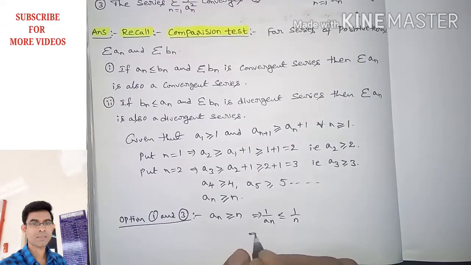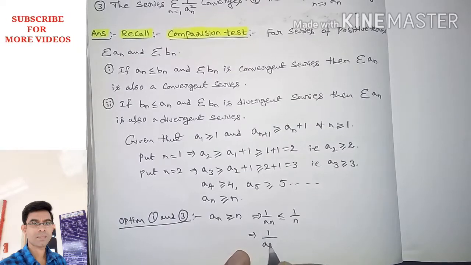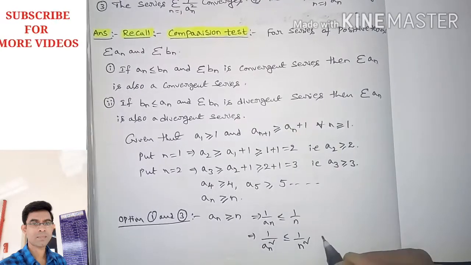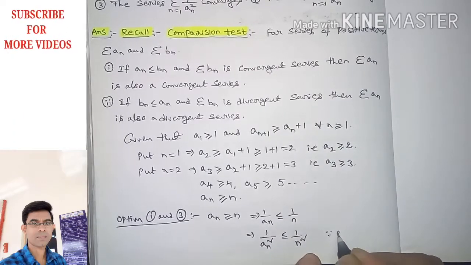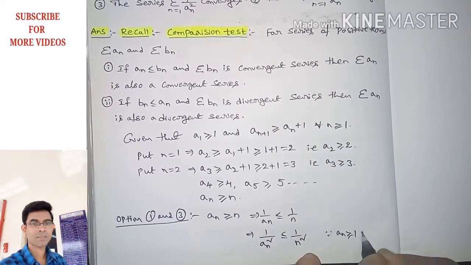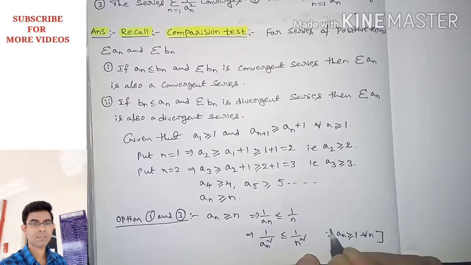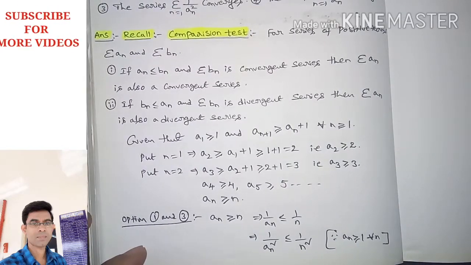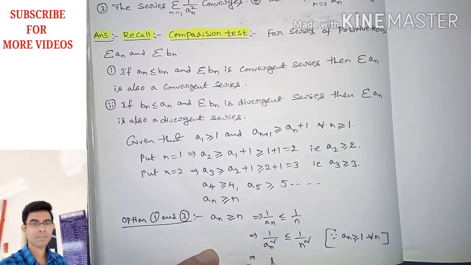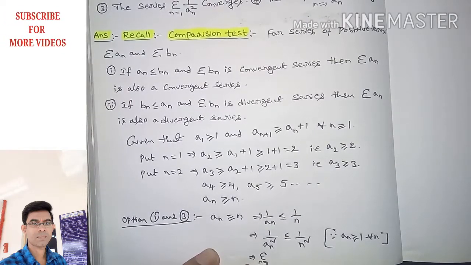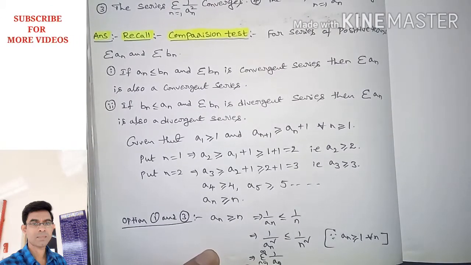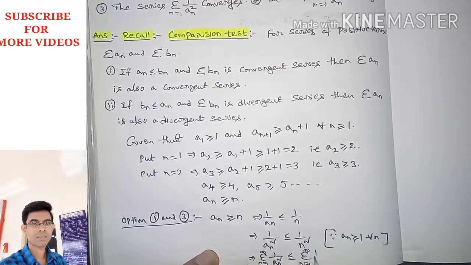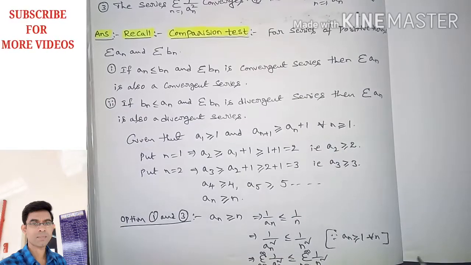Now taking squares on both sides, 1 by a_n square is less than or equal to 1 by n square, since a_n is greater than or equal to 1 for all n. Now taking summations on both sides, we have summation n = 1 to infinity 1 by a_n square is less than or equal to summation n = 1 to infinity 1 by n square.